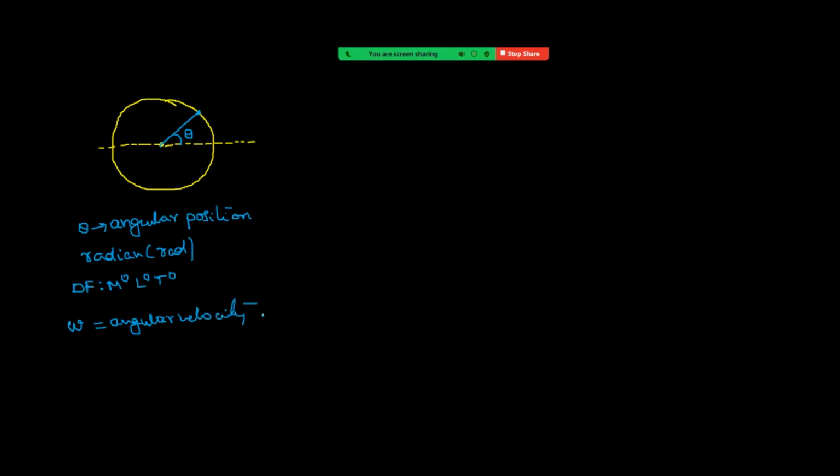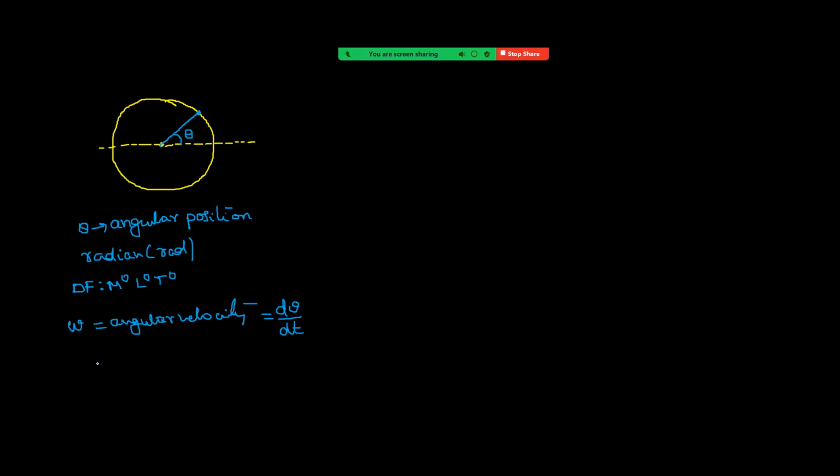It is defined as the rate of change of angular position with respect to time. If you remember, while discussing kinematics 1D, we defined velocity as the rate of change of position with respect to time. Now only angular changes here.